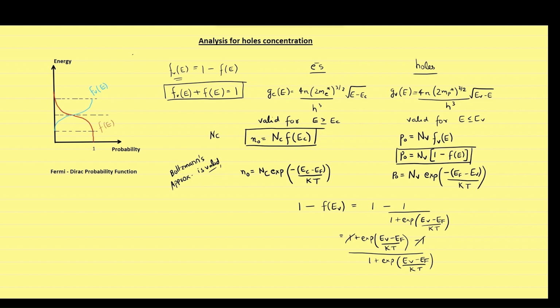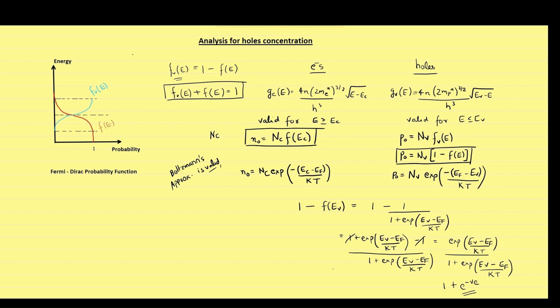Therefore, we will have exponential EV minus EF divided by kT, divided by 1 plus exponential EV minus EF divided by kT. Now you can see that in the denominator, the exponential term has a negative coefficient which will result in a very small value as compared to 1. Therefore, we will not be able to ignore 1 with respect to the exponential term.